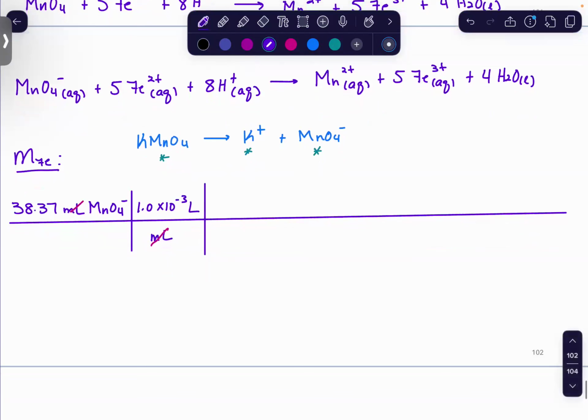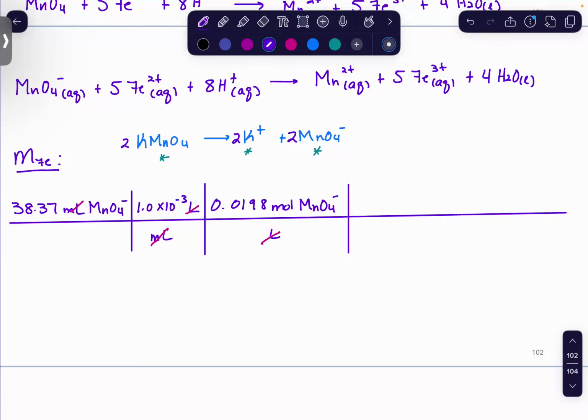So that means that I have 0.0198 moles of my permanganate per liter. And so think about that. Let's say I have two of these. Well, when they dissociate, I'm going to get 2 potassiums and 2 permanganates. That's why the concentrations also match. Okay, so liter is gone.